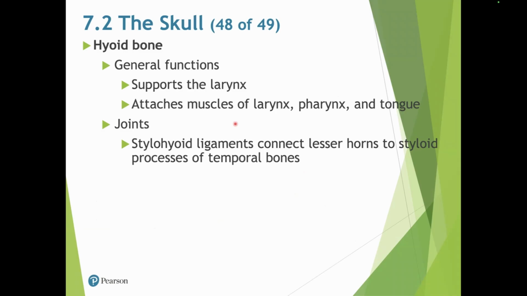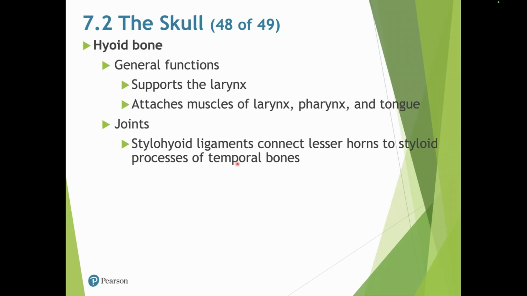All right, we're almost there, friends. The hyoid bone. It supports the larynx. It attaches muscles of the larynx, pharynx, and tongue. It is going to join through stylohyoid ligaments, which are going to connect the lesser horns to the styloid process of the temporal bones.